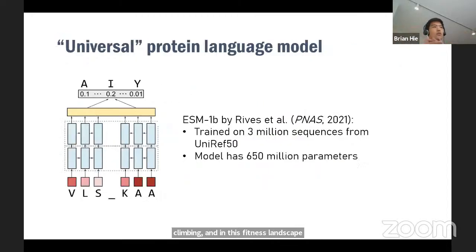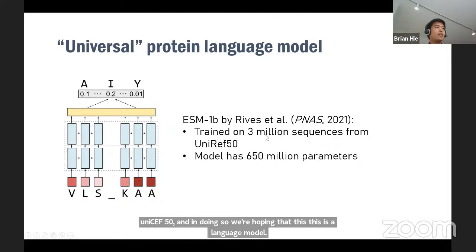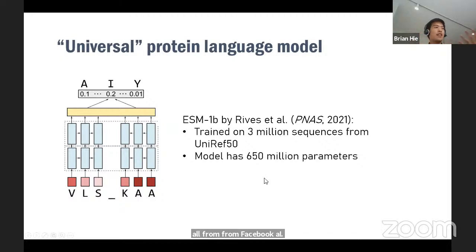So in particular, we're interested in these universal protein language models where you train a very large neural network language model on all sequences, say in UniRef50. This is a language model by Rives et al. from Facebook AI Research. And when you train a language model on 3 million sequences, hopefully it's learning something more general about the evolutionary rules involved in what makes, say, a valid protein.